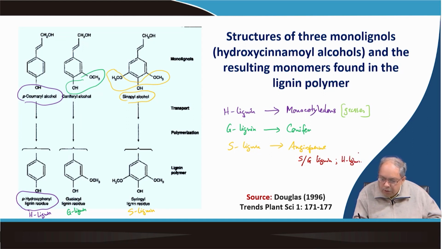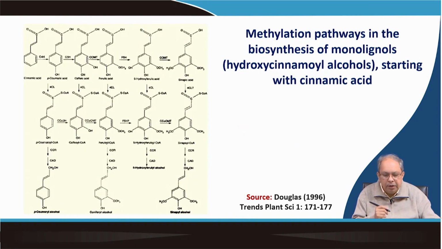In monocots, although H is dominating, you can also get a little bit of S and G, but normally in angiosperms it is S and G, and that actually makes a lot of issues, particularly in terms of delignification and lignin quality. Maybe I will discuss that a little bit later.